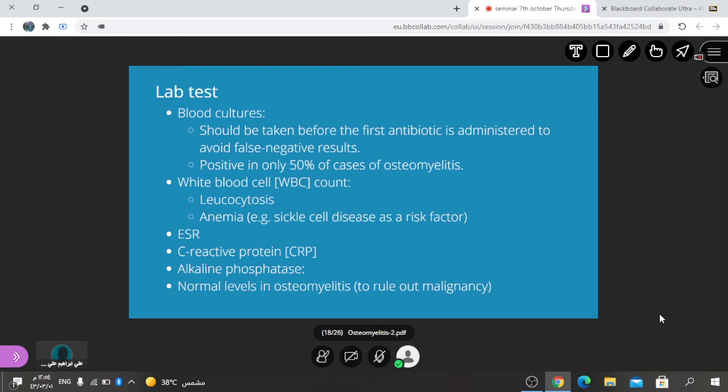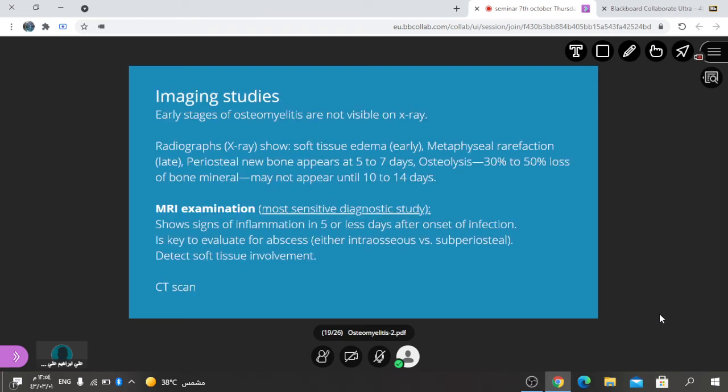The second thing is the imaging studies. It is important to know that in the early stage, acute osteomyelitis, no radiological study can detect a very early stage, although the MRI is special, as we'll discuss.